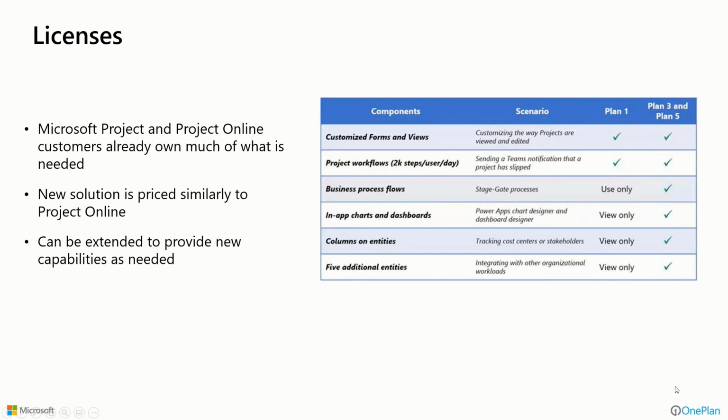Now, in the last week, Microsoft has announced, if you look at the matrix of capabilities where Plan 1 had a lot of view-only capabilities, that with the Plan 1 license you can now work with the entities fully within the Accelerator, meaning you get access to the Power Apps capabilities you need to interact with that solution.